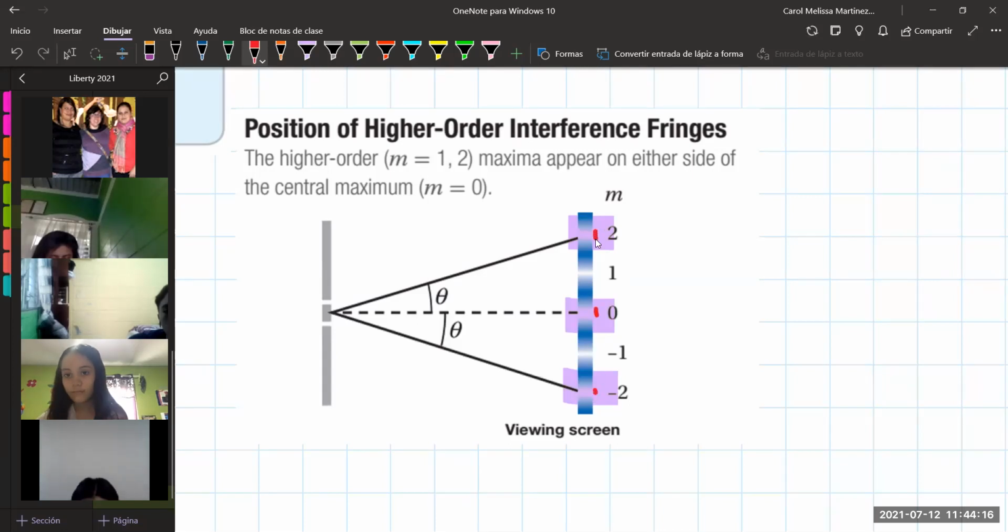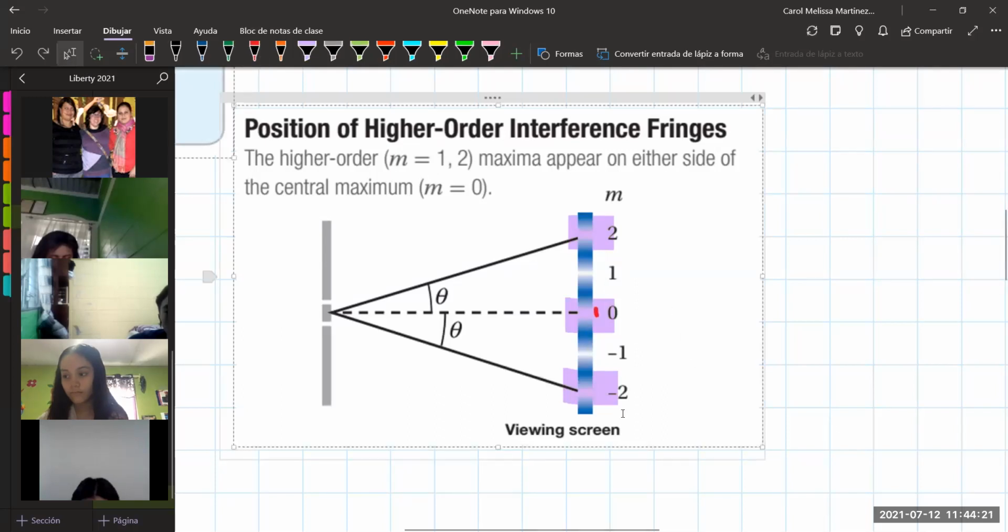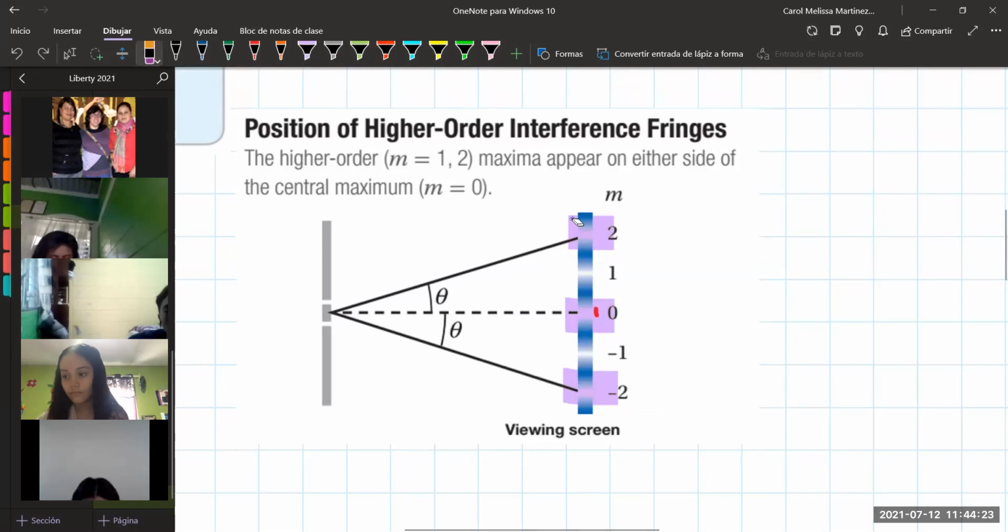Like in the center of the viewing screen, you see all the fringes. And as you move to the exterior zone, the fringes look far from each other, and that is very common for it to happen.